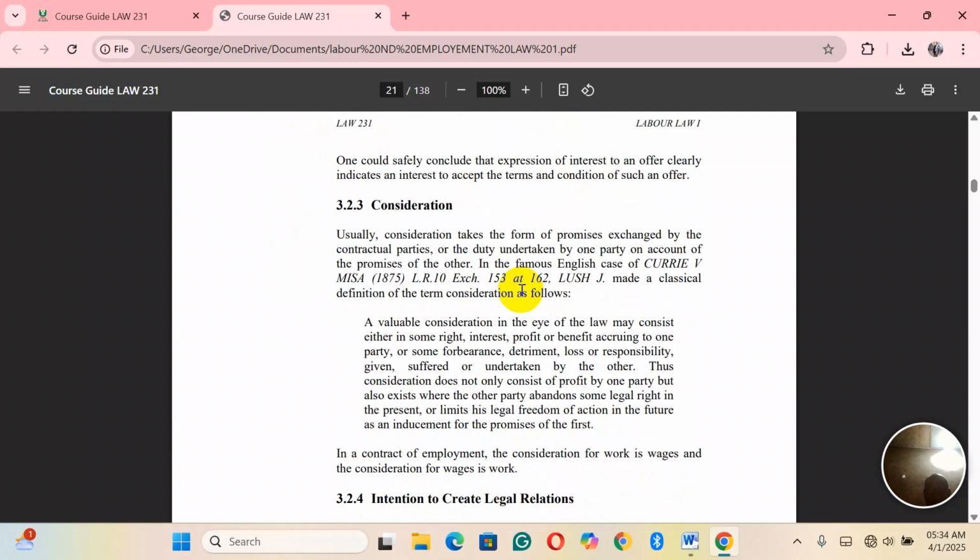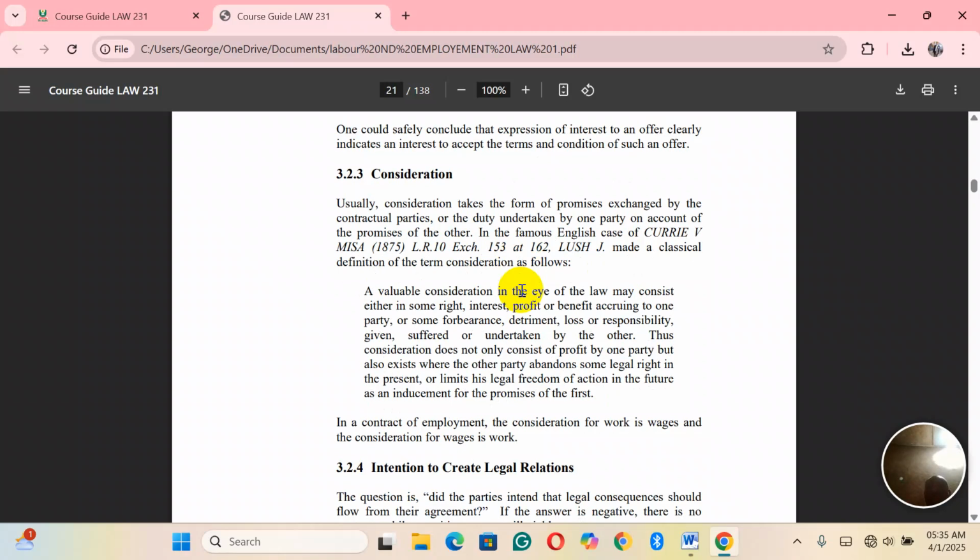The valuable consideration in the eyes of the law may consist either in some right, interest, profit, or benefit accruing to one party, or some forbearance, detriment, loss, or responsibility suffered or undertaken by the other. So consideration must be in the form of money or wages, and the consideration for wages is work.